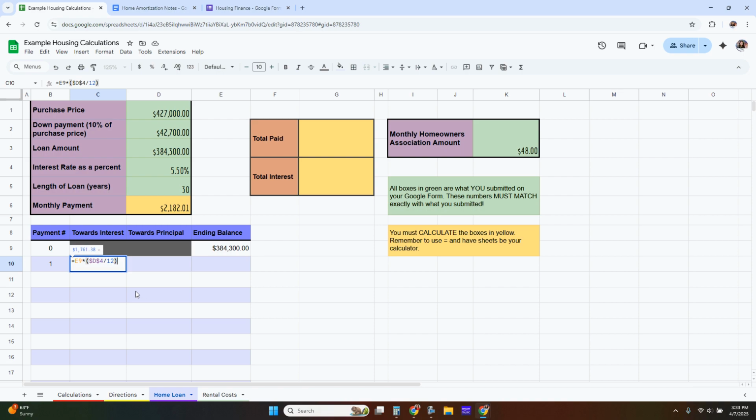So we're taking our interest rate divided by 12 to get it to a monthly amount, and multiplying it by whatever our balance is for the prior month.